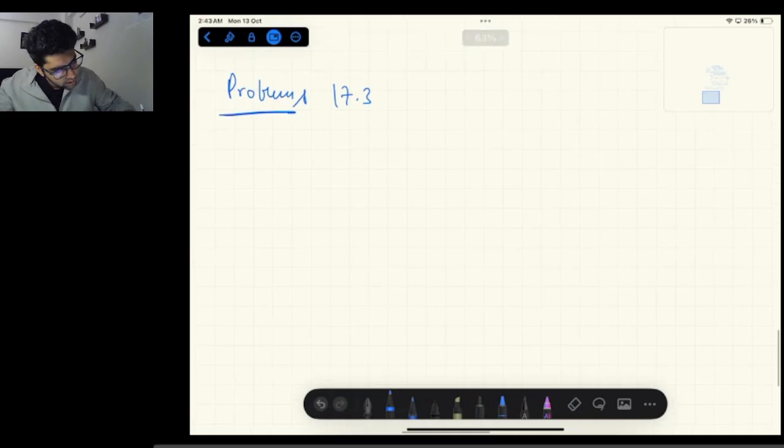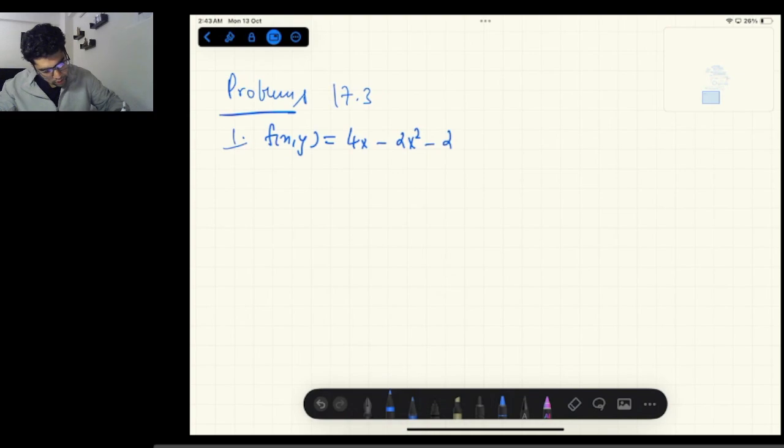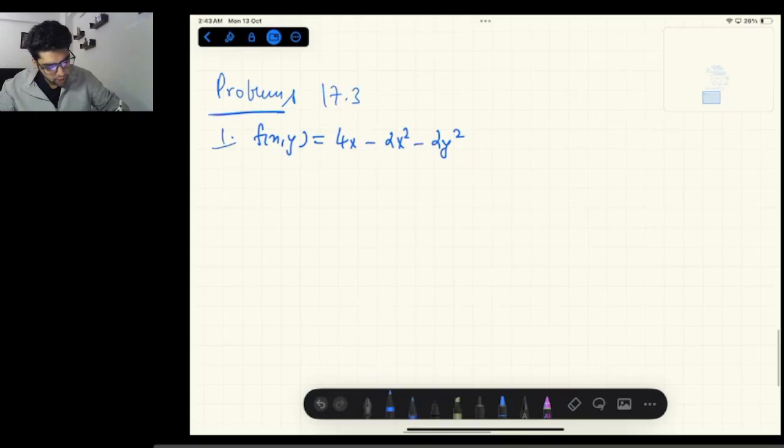Question 1 says that f(x, y) = 4x - 2x² - 2y². This is the function given to us, and S is the set of (x, y) such that x² + y² ≤ 25.